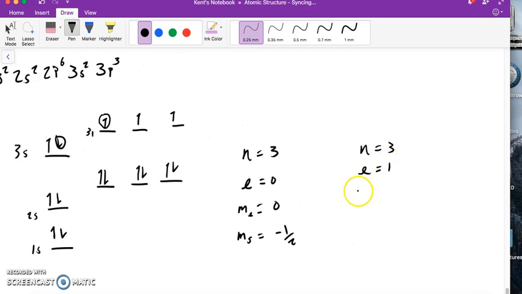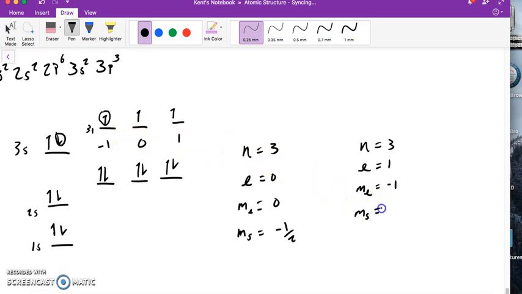Okay, M sub L is equal to minus 1, right? Minus 1, 0, and 1. That's the M sub L. That's how you label that. Then M sub S is equal to plus 1/2 because it's spin up. So there is no other electron that has the same address as this electron.